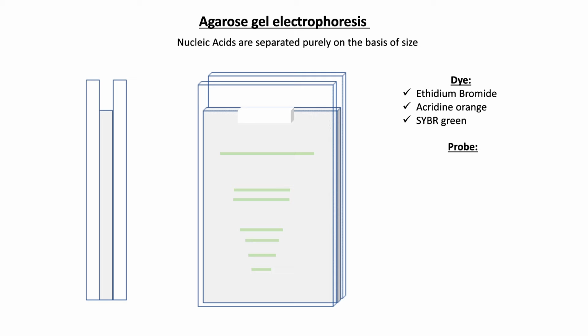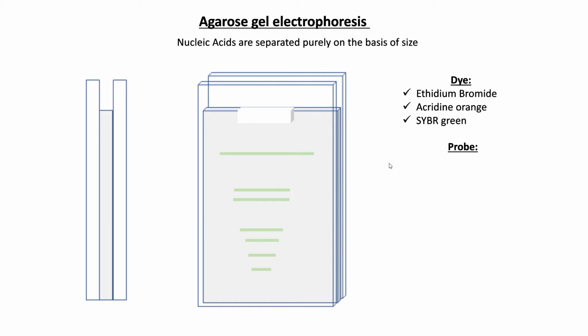So after it has been fragmented and denatured and subjected to electrophoresis on agarose gel, where is that sequence present? Whether it is present or not. And to find out that sequence, we use a probe. A probe is something which goes and binds to the specific sequence, the sequence of our interest.